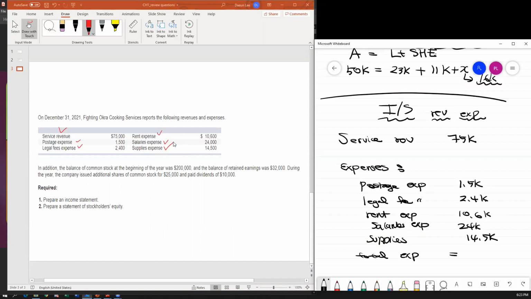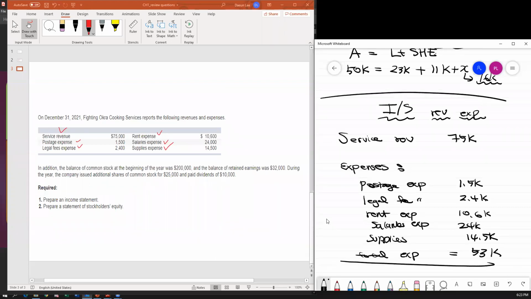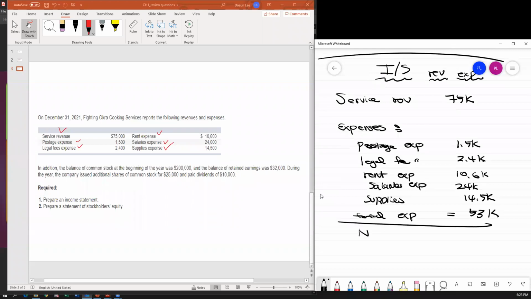So total expenses is, let me just do the math. So 3.9, 10.6, 24, 14.5, 53. Okay, 53. Very good. Someone is very good at math here. So that's 53K. At the end of the year, the company will report a net income of 22K.